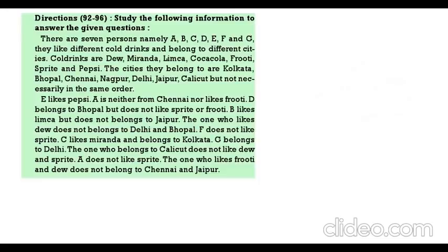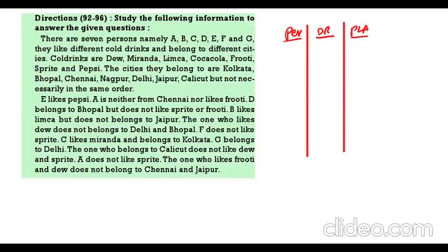Now we are having a 3-column table. So what is the 3-column table? Person, drink, place. Person, then drink, then place.